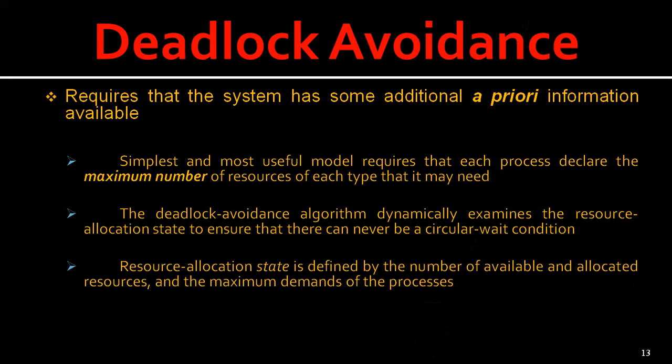So with this additional knowledge, we can decide for each request whether or not the process should wait. So here, for each request, the system should consider the resources that are currently available, the resources that are currently allocated to each process, and further the requests and the releases of each process to decide whether the current request can be satisfied or must be delayed.